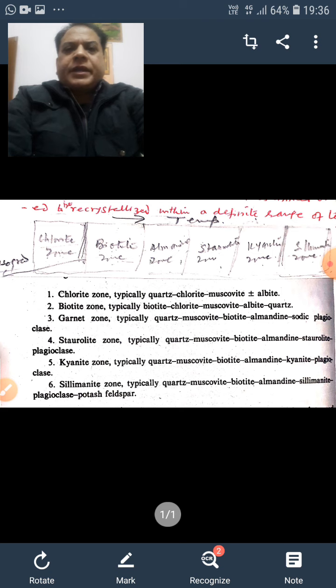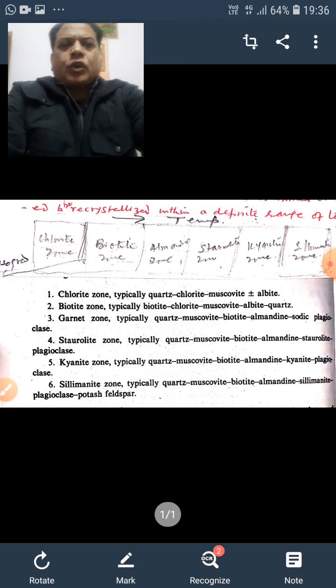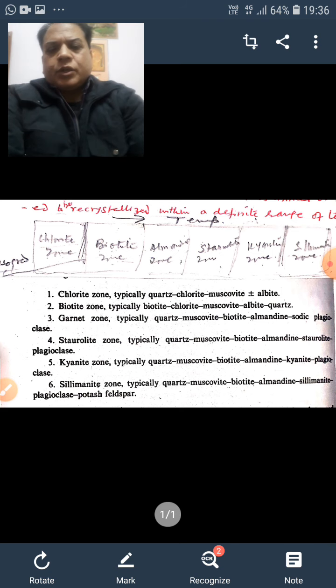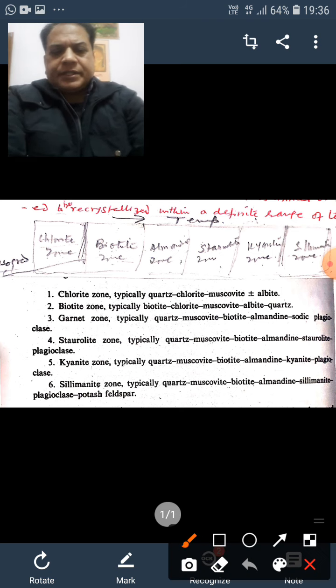Barrow in 1912 delineated the following series of metamorphic zones on the basis of mineral changes in metapelites in response to increasing temperature. You can see in the diagram here, which I have drawn, these lines indicate the isograds, and in between two isograds is your zone.